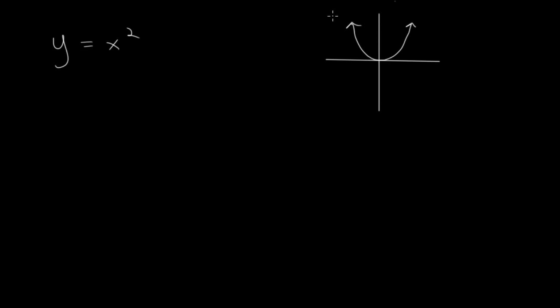We can see that as x gets bigger and bigger, it shoots off to positive infinity, and as x gets more negative, it shoots off to positive infinity. You can test this by just plugging in values. Positive values will just get bigger and bigger, and negative values, when you square them, will become positive, and they will also get bigger and bigger as you put in bigger and bigger negative values.